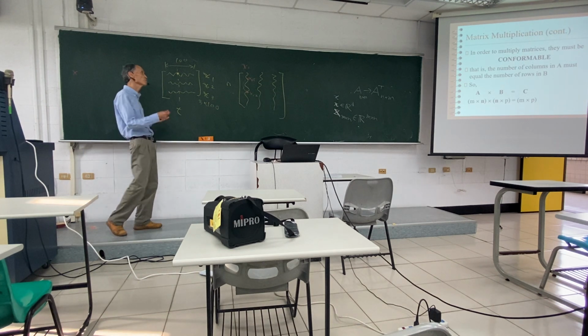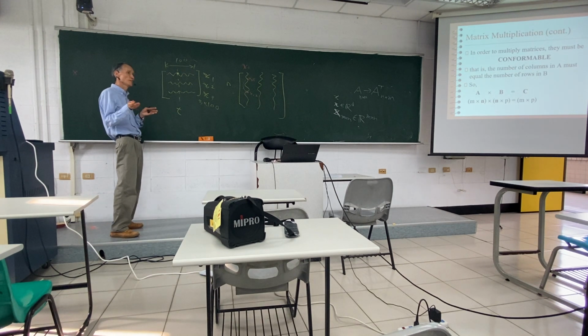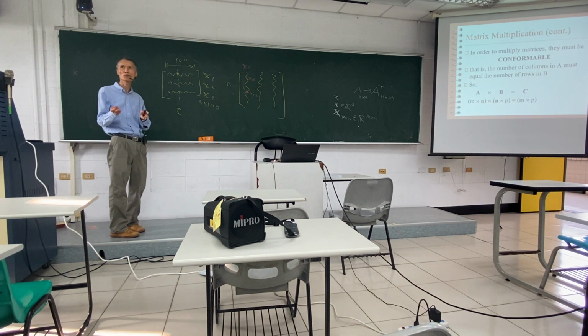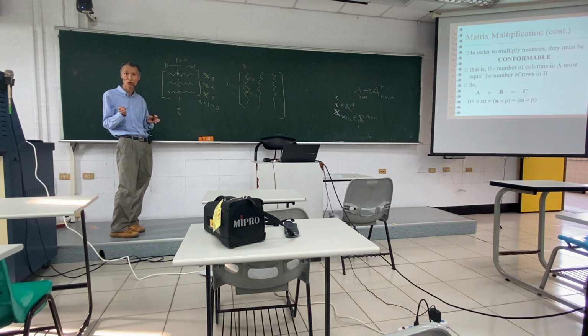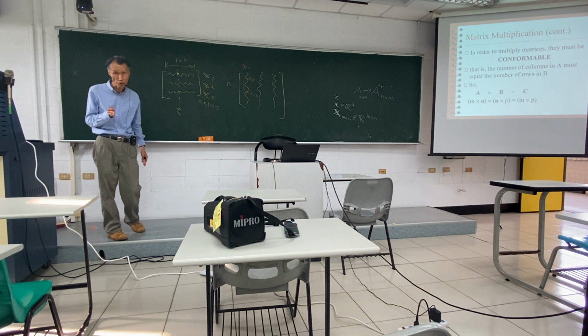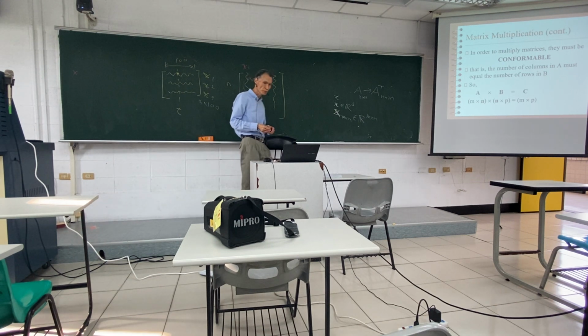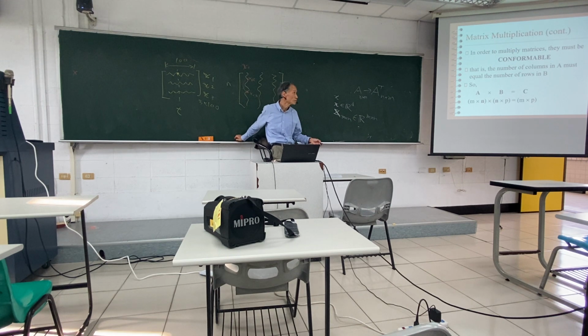So it's very important how you represent your matrix through the tool you use for machine learning, because the interpretation could be totally different. I will talk about more later on. But anyway, you have to make sure that if you have a matrix m by n, B must be n by something.